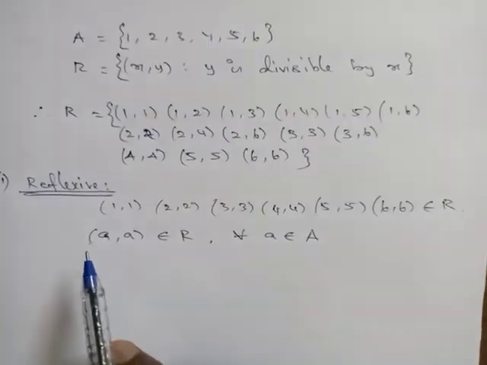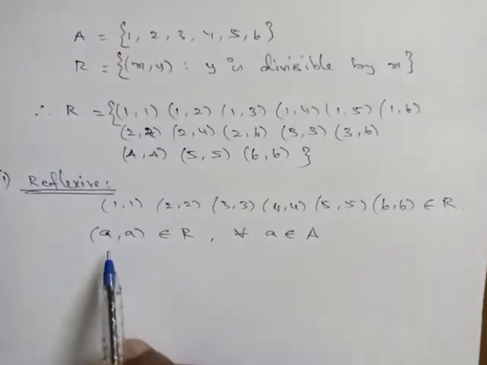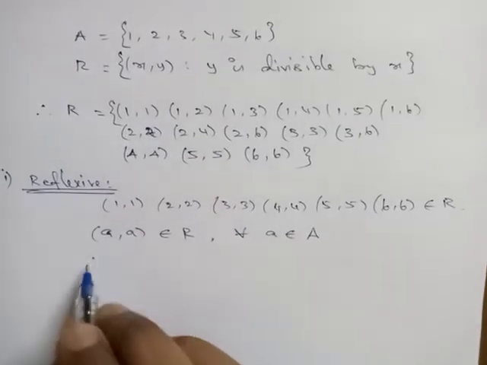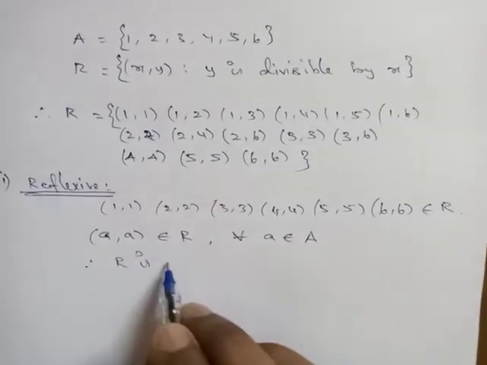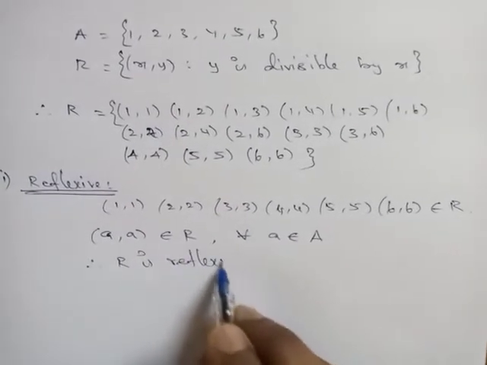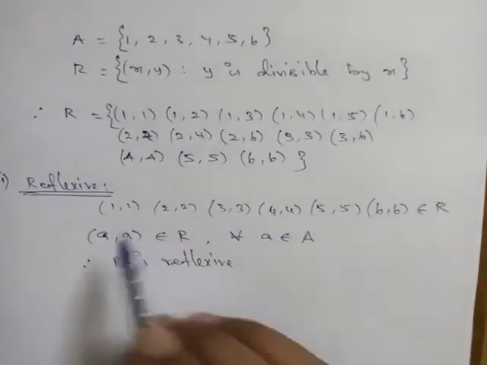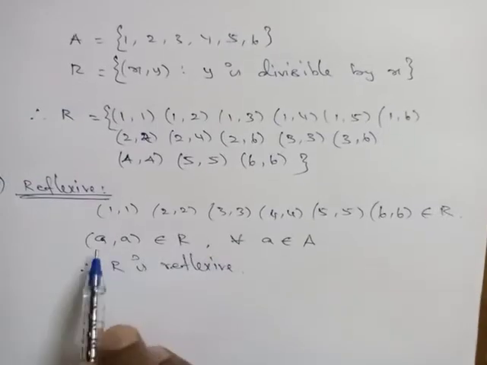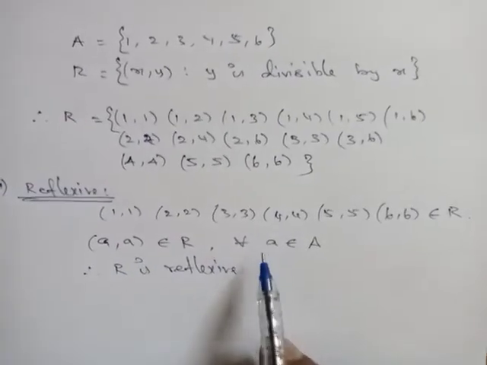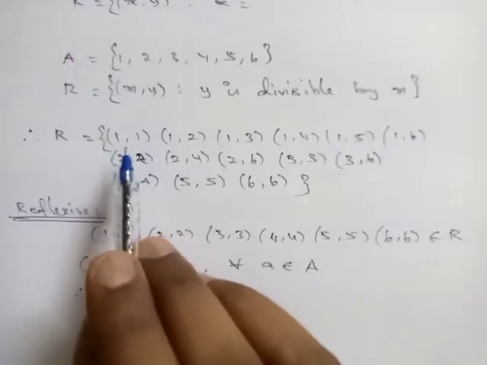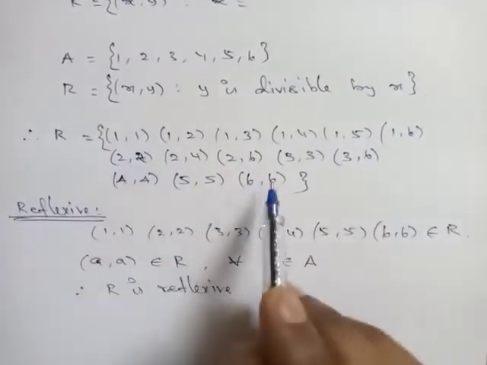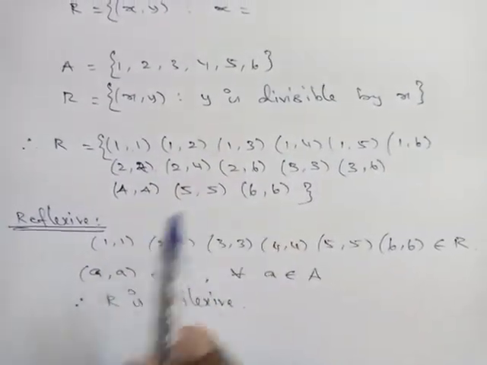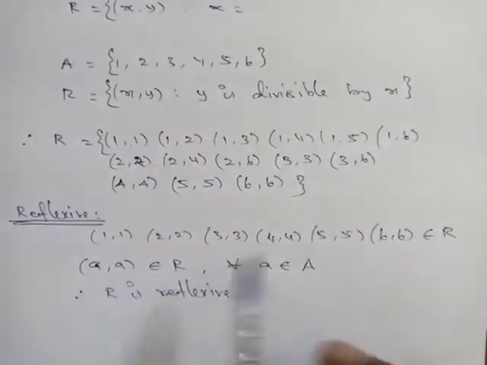Already we completed in the first video. (a, a) belongs to R for all a belongs to A. Then we can say that R is reflexive. Actually, for your understanding only I wrote everything; this is no need. We have to write like this. This is enough. Before that we have to check whether all elements are here or not. We have to check (1, 1), (2, 2), (3, 3). If any one is not there, we cannot say this is reflexive.